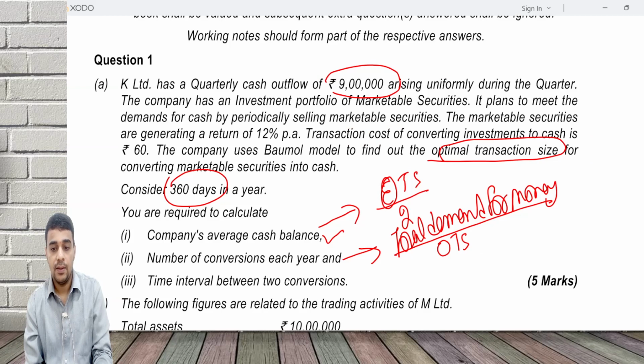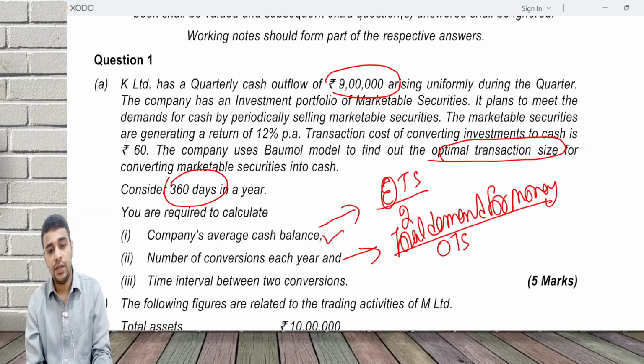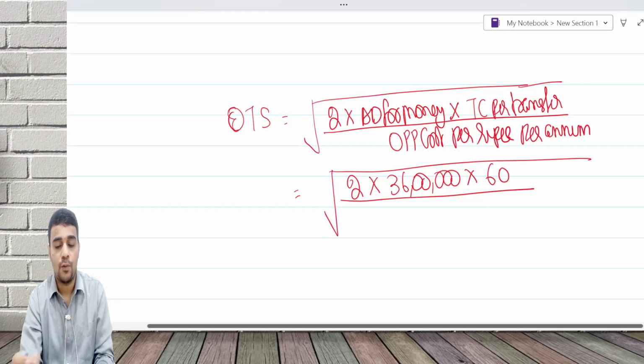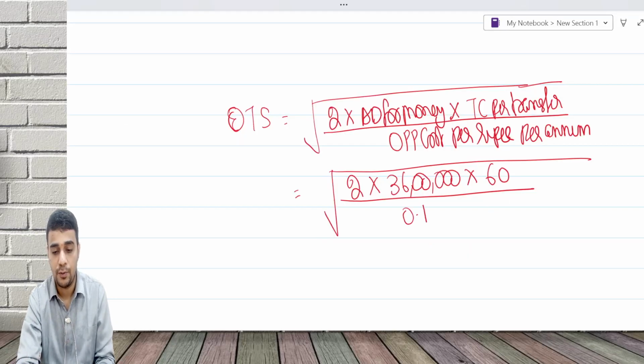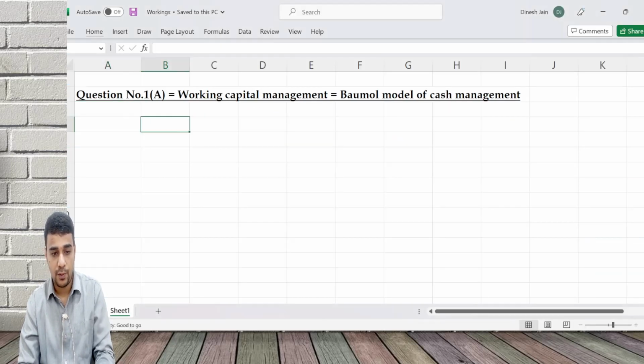Transaction cost. The transaction cost of converting the investment to cash is rupees 60. Opportunity cost per rupee. For 1 rupee opportunity cost we want to calculate, which is 12%, which is 0.12.